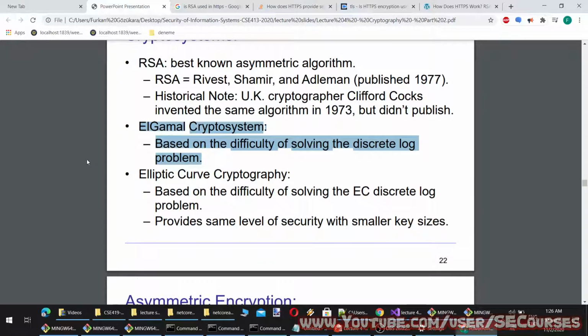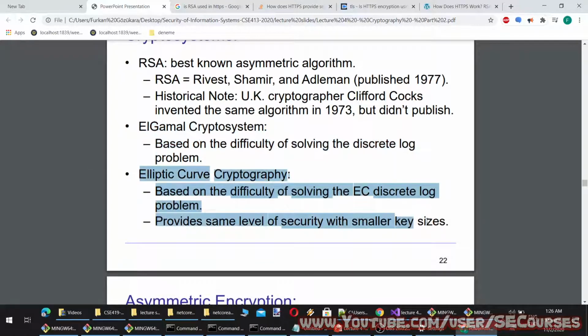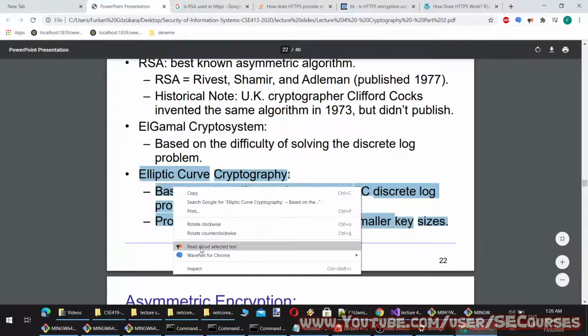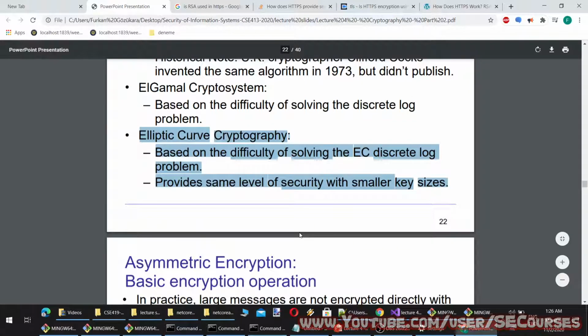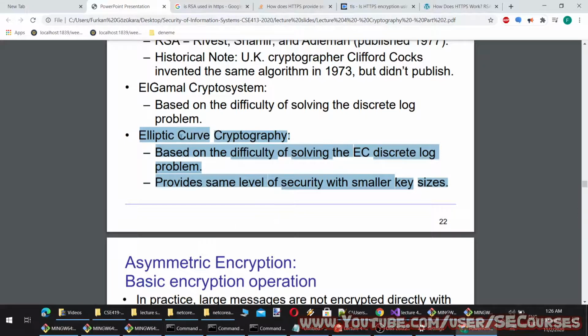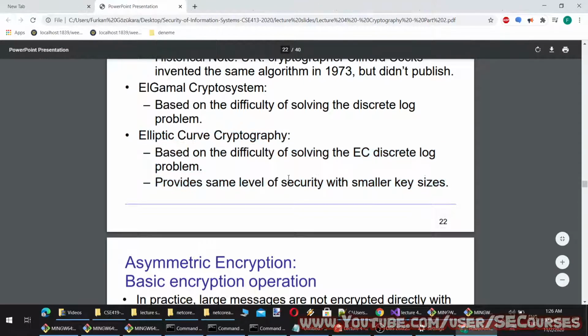ElGamal cryptosystem, based on the difficulty of solving the discrete log problem. Elliptic curve cryptography, based on the difficulty of solving the EC discrete log problem, provides the same level of security with smaller key sizes. Okay, so this is the new trend as mentioned. Let's check it out.